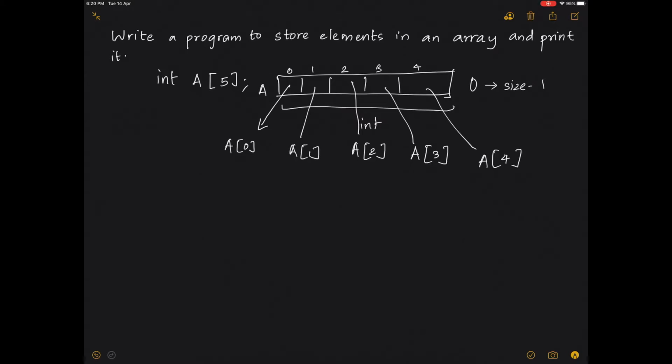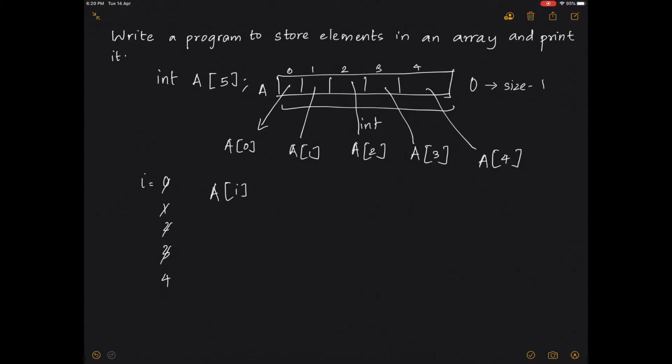So each time you want to access the elements of the array, what I would suggest is take a variable, and this variable is supposed to hold the index positions of the array. So take this variable I, assign it to 0 and each time it moves from 0 to 1 to 2 to 3 to 4, keep accessing A of I.